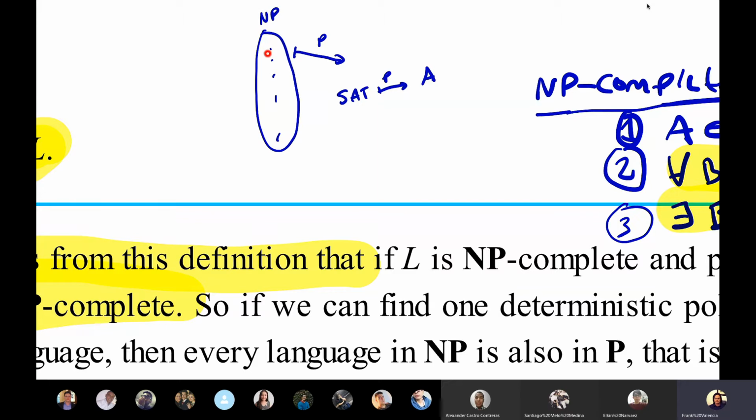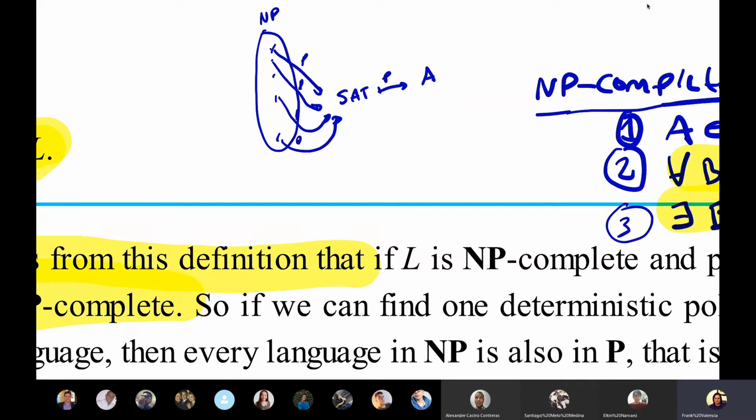How can you do it? Just directly, I mean, easily. This one is NP complete. That's the trick. Because this one is NP complete, that means that they all can be reduced to this, all of them in polynomial time.